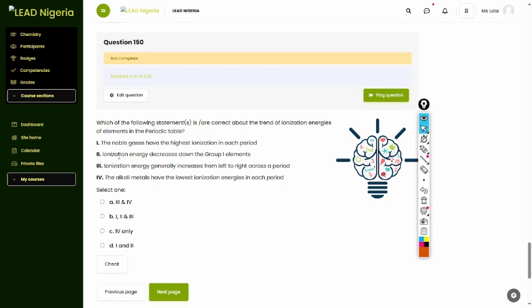So the correct answer should be 1, 2, 3, and 4. We don't have that option here, but 1, 2, and 3 comes close to the answer, so we go with 1, 2, and 3. But ideally 1 to 4 are all correct.